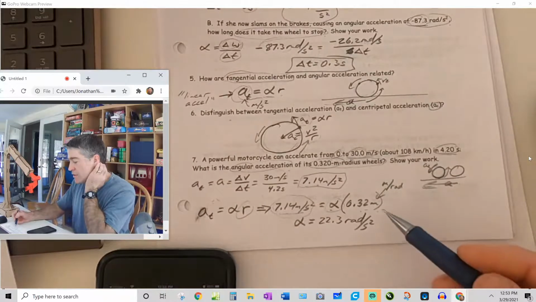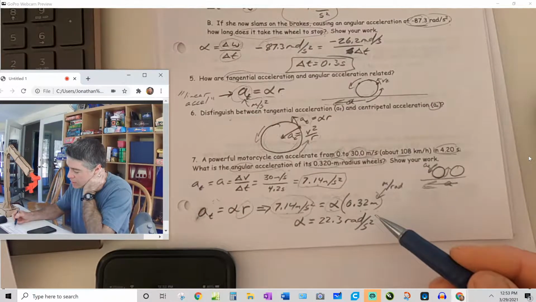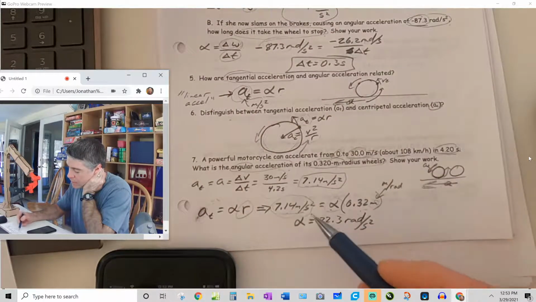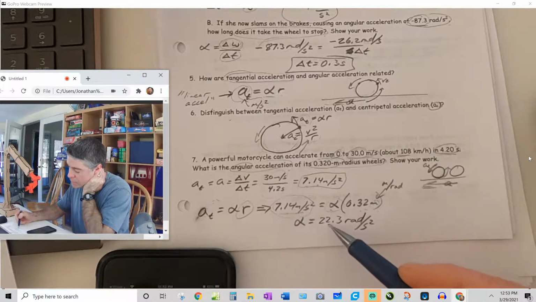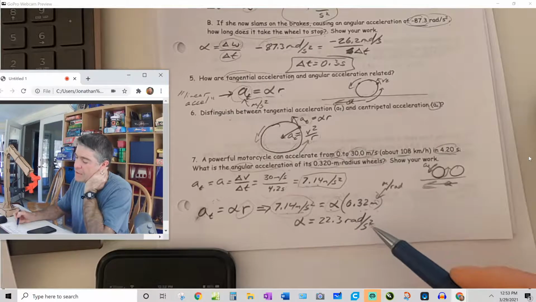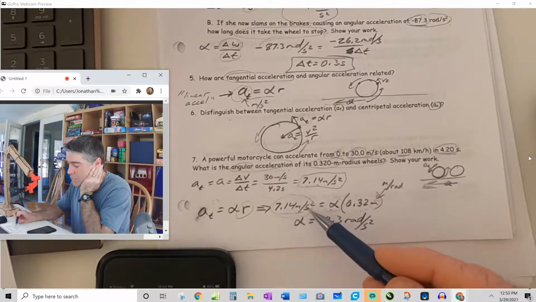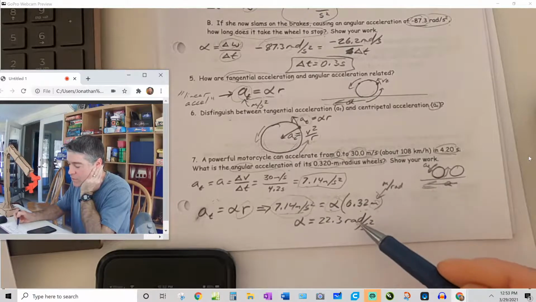So if you just had meters there, and you divided meters per second by meters, you would get 22.3 over seconds squared. There'd be no radians in there. But if you divide meters per second squared by meters per radian, then you do wind up with this.